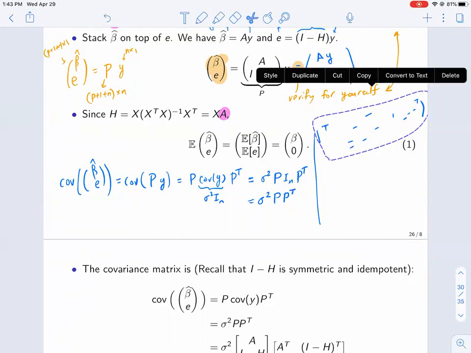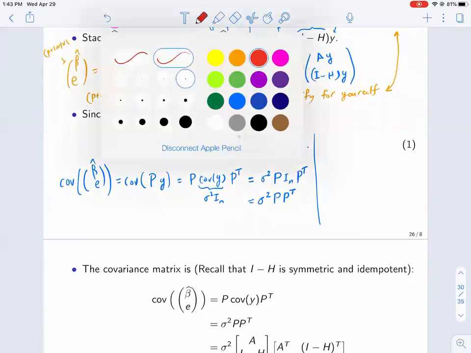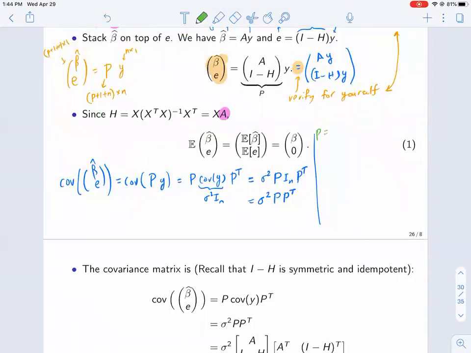So what we have here is P is equal to A, I minus H, so P transpose is going to be A transpose, I minus H transpose.